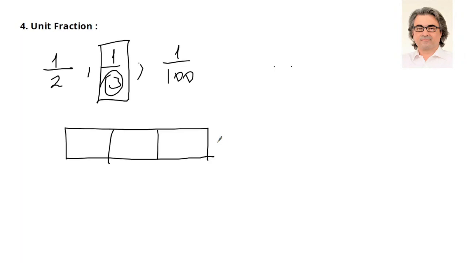Now, what is the meaning of 1? Color one of them. So for this figure, I have a fraction for the colored region, 1 over 3, and for the non-colored region, I have another fraction, 2 over 3, because I didn't color 2 pieces of the whole.